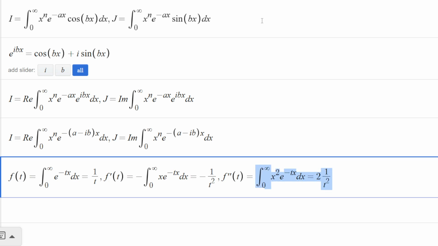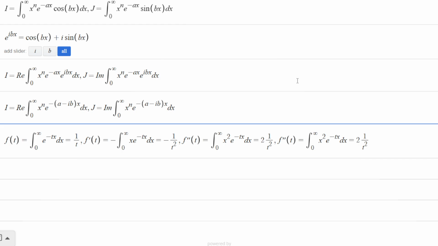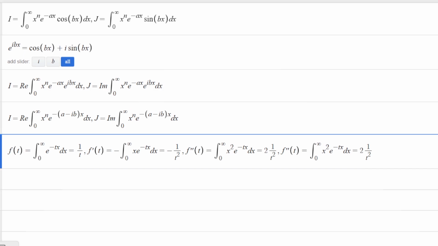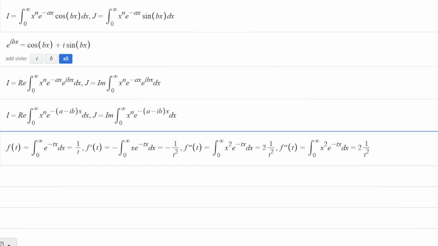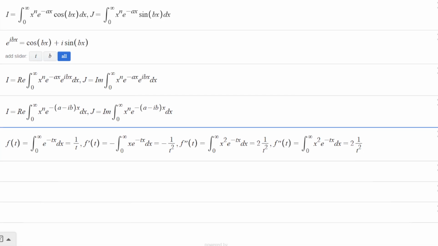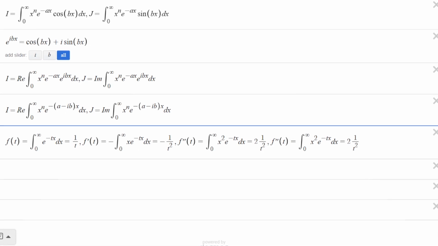All right, let's do one more derivative just to see the pattern here. Oh, I better make this a little bit smaller. There we go. I hope you guys can all still read that. All right, so where was I? I was taking another derivative. So we have f triple prime.